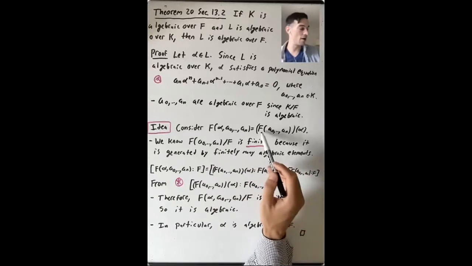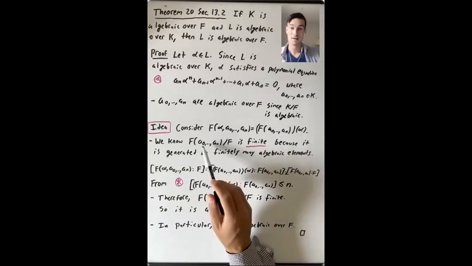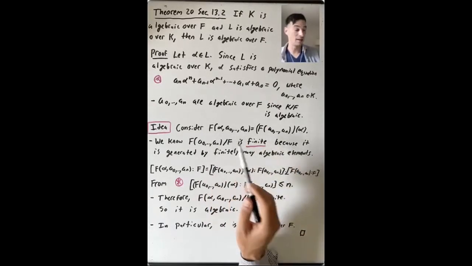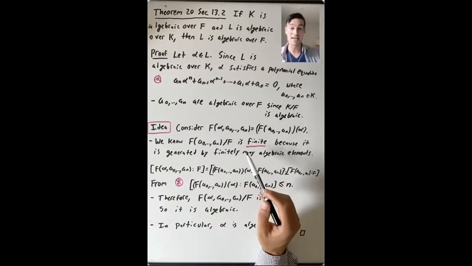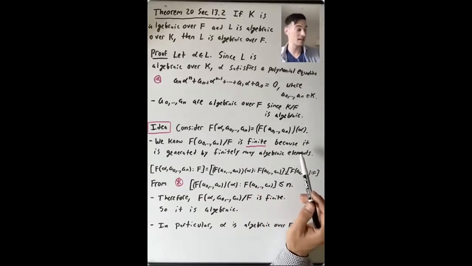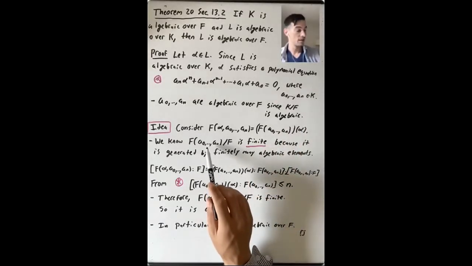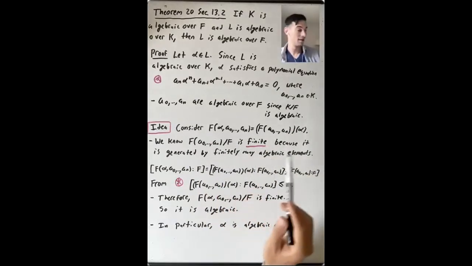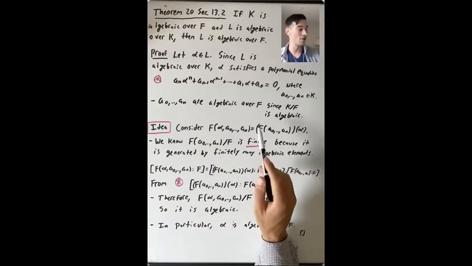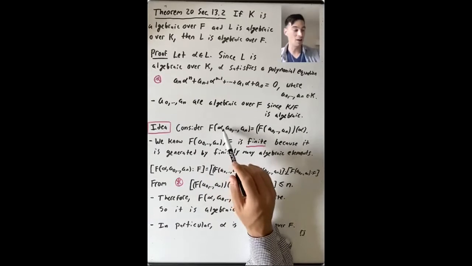And what do we know about this field generated by a0 up through an over F? That is a finite extension of F. Why? Because it is generated by finitely many algebraic elements. That's what Theorem 17 says. a0 up through an, each one of those is algebraic over F. So this field generated by those elements over F is a finite extension of F. Okay, so what do we know now about this extension, the one generated by a0 up through an and alpha?